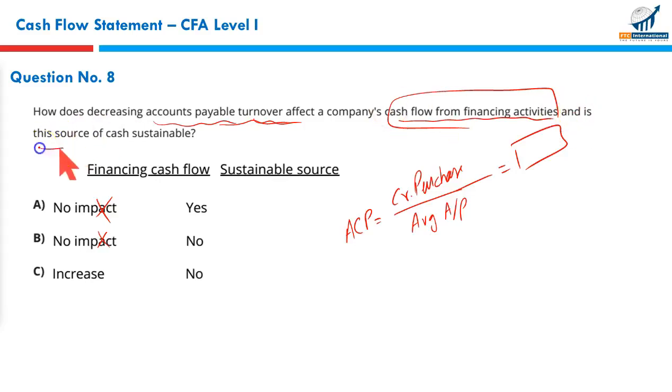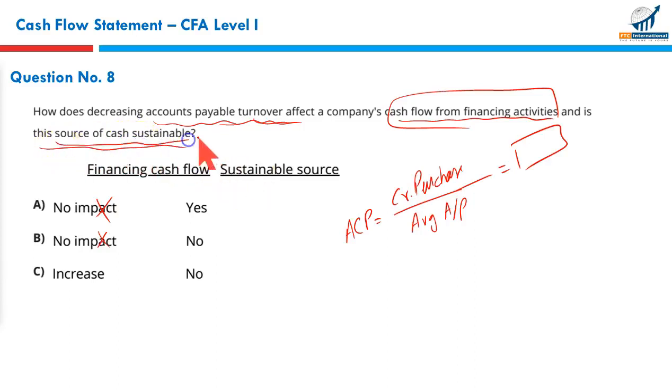And is this a source of sustainable cash? Sustainability means, would it be fine if you keep on delaying the payments to your vendors? They will become angry. They might stop extending the credit. It will only make your relationship worse. So this is not a sustainable source of finance.